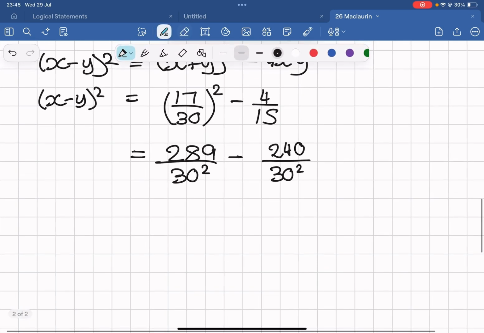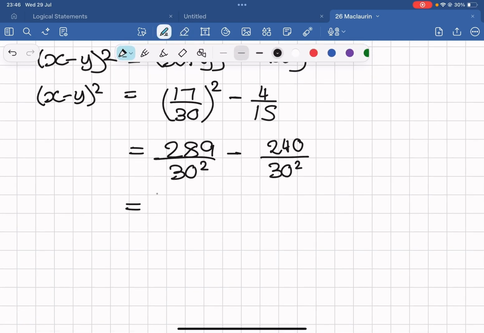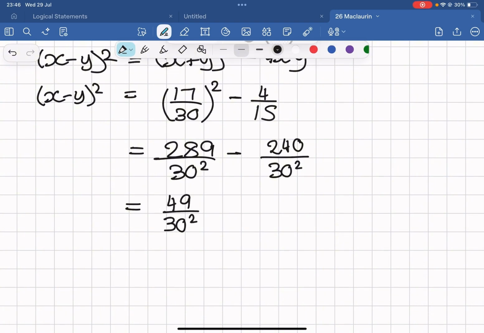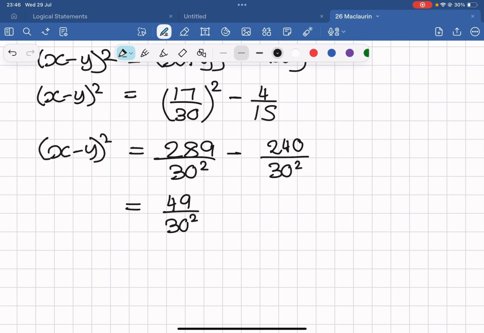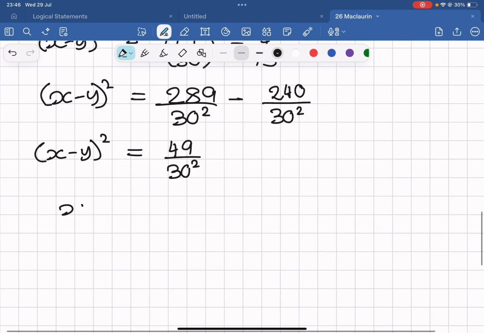Now all we can do is just subtract. So we've got 289 minus 240, which is 49 over 30 squared. The reason why I kept it with the denominator as a square is that when we get to square rooting, it'll be nice and easy. So let's apply the square root. x minus y equals plus or minus 7 over 30.